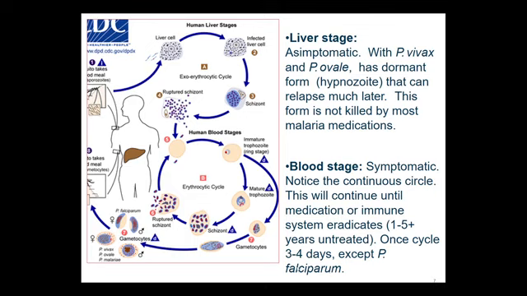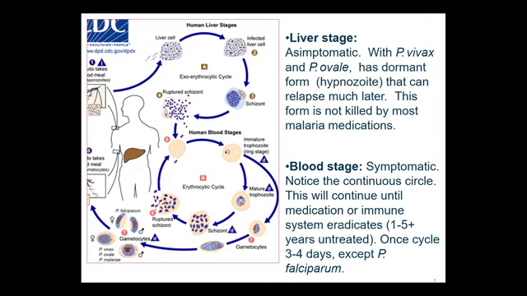So it is a 3-day cycle for vivax malaria, 4 days for quartan malaria, which is caused by Plasmodium malariae. For falciparum, the cycle is irregular, and without treatment, if the person doesn't die, of course, it will continue.